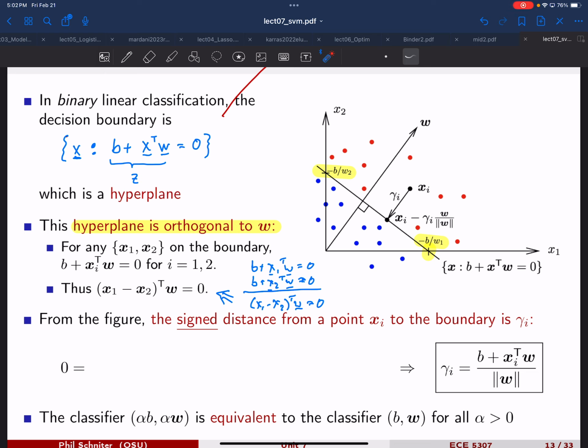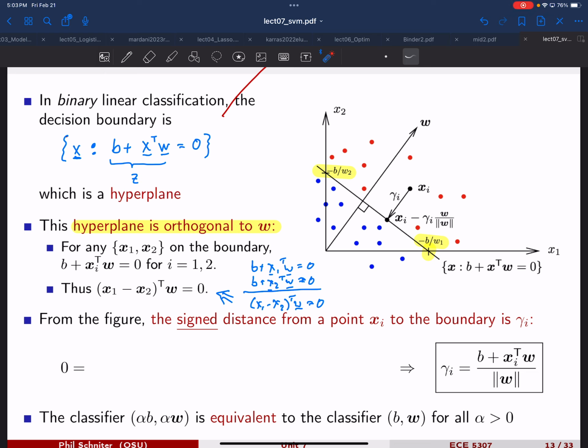If a point is very close to the boundary, maybe a little bit of noise pushed it to the wrong side of the boundary, and in fact the training data has some noise in it, so points that are very close to the boundary are fundamentally kind of untrustworthy. They're difficult. So that motivates us to understand, can we compute the distance from a point to the boundary?